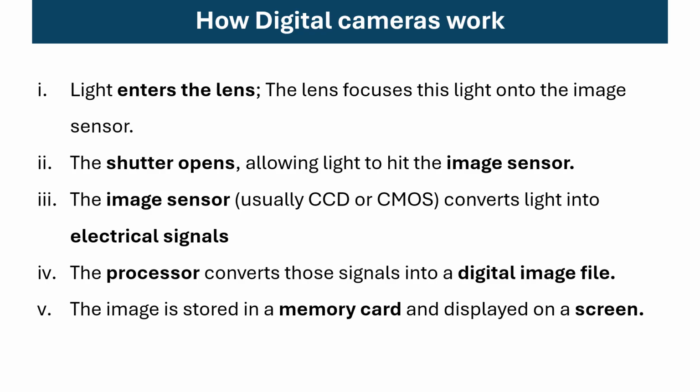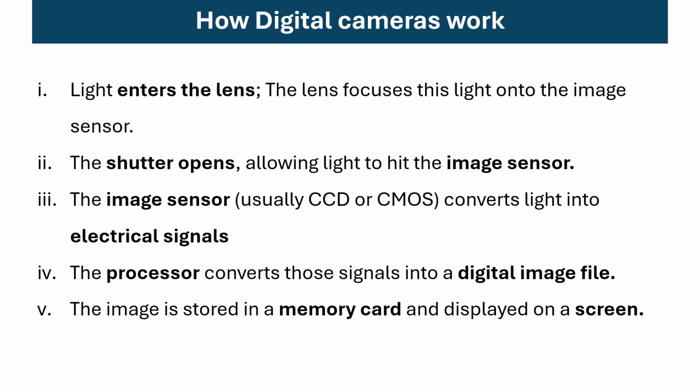The second thing is the shutter opens. When you click the shutter button, you open the shutter. This allows the light to hit the image sensor. The shutter opens like a door, which allows light to enter, and the lens focuses that light onto the image sensor.